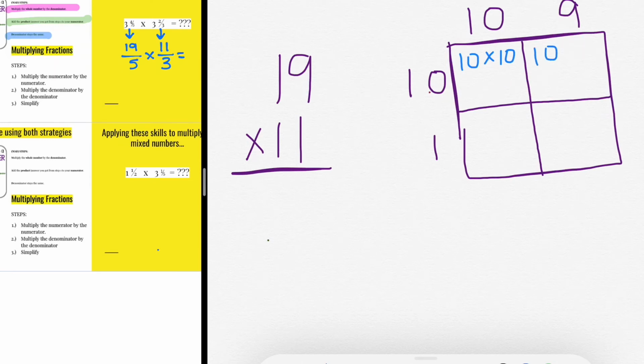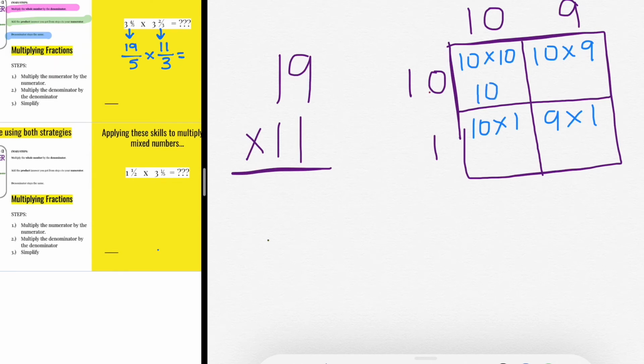So I will break it into 10 times 9. I then go down to my next box, and I know 10 is on top and 1 is on the side, which means I have to do 10 times 1. And my final box, I have 9 on top, 1 on the side, so my multiplication problem is 9 times 1. And now I solve for each of those.